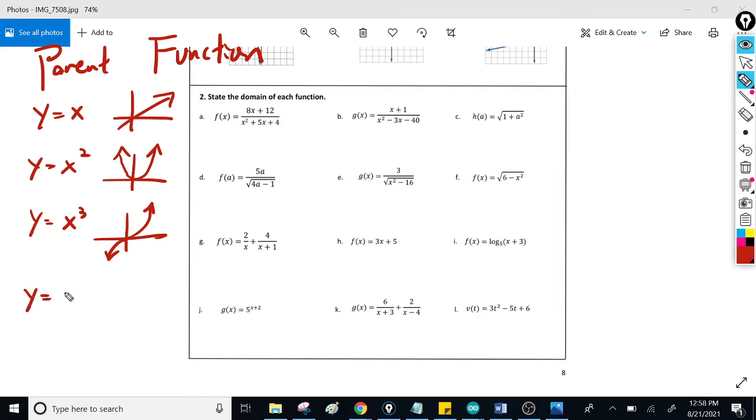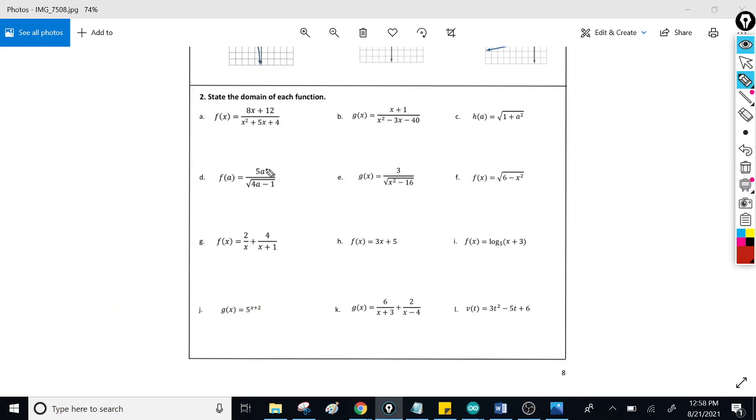And then rational, the graph looks something like that. You got to make sure that you memorize all the parent functions. So log x, and then the graph looks something like this. When you memorize all of those parent functions, it helps you a lot.